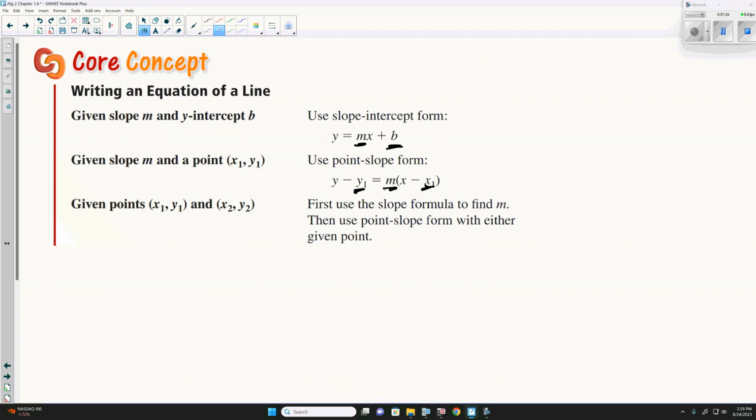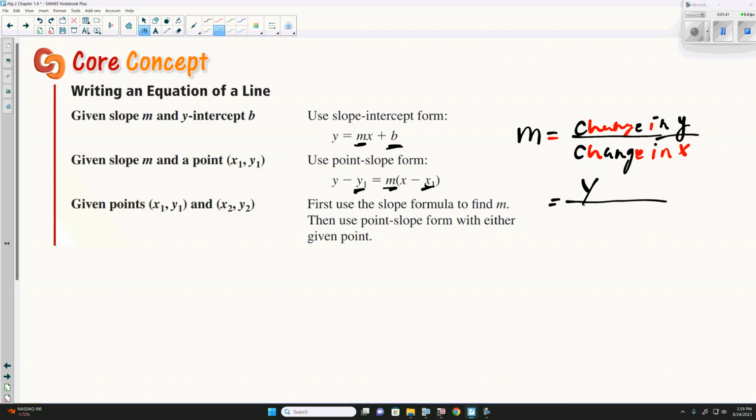Now, the only other equation that we really need is the equation for slope, which is change in y over the change in x. Or as we more likely remember it, y2 minus y1 over x2 minus x1.